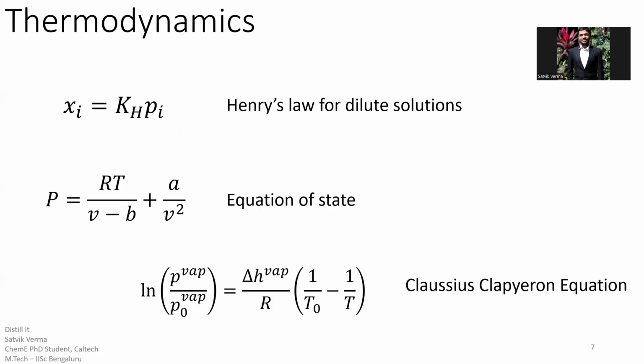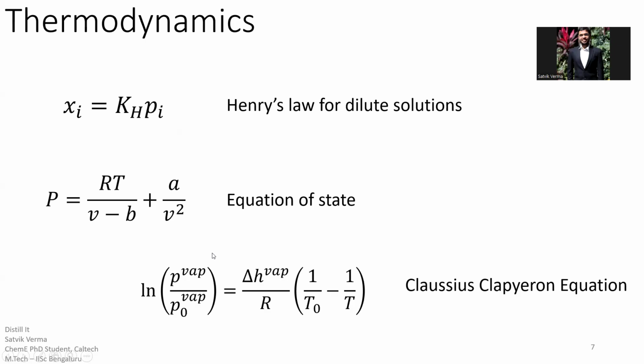The Clausius-Clapeyron equation relates the vapor pressure to the temperature, basically the saturation temperature and the saturation pressure, in a vapor-liquid equilibrium. And this is derived from the Clapeyron equation by making a few approximations, and we arrive at this particular equation.